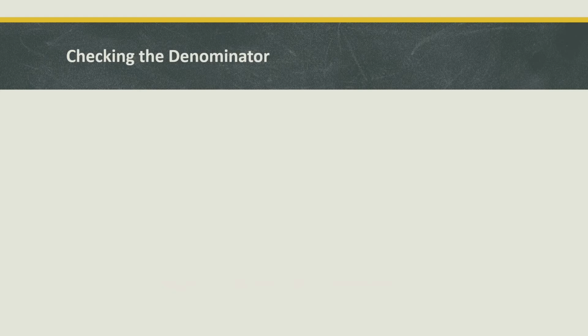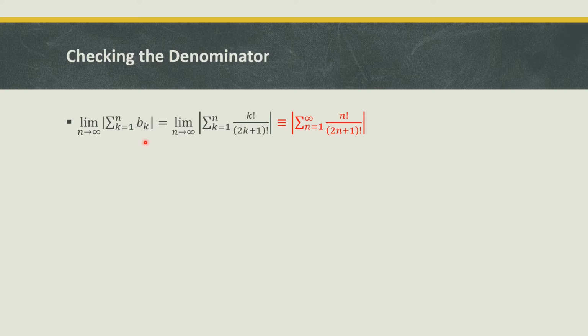So here we will just check the denominator because it is simpler. So this is the denominator. Then we replace b sub k with the expression, and we are left with this expression. And we note that this limit is usually expressed as follows.